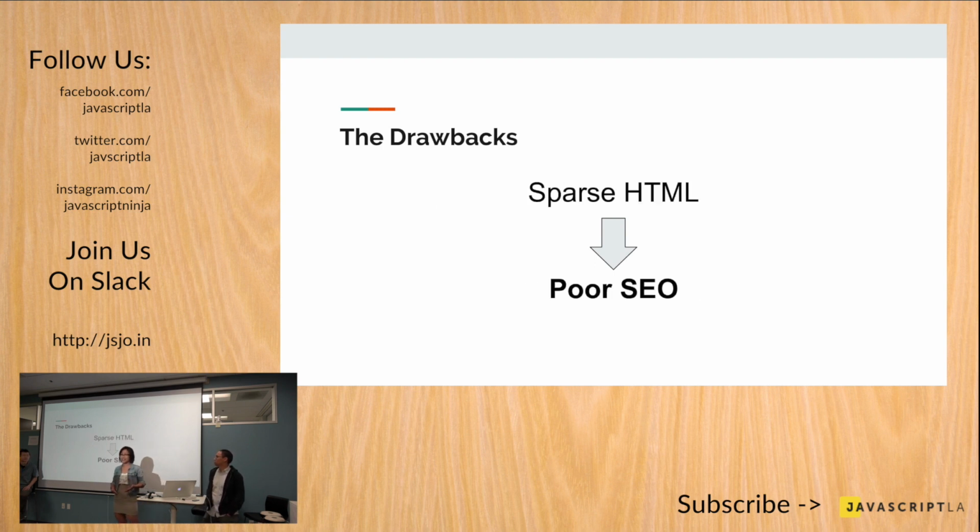And the other place where we are seeing some suffering with the client-side rendered applications is with search engine rankings. So with that initial sparse HTML that you typically have with your React applications, there's just not a lot for web crawlers to work with.